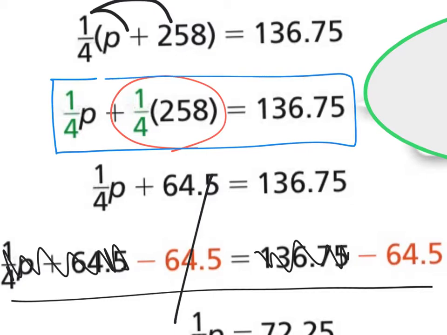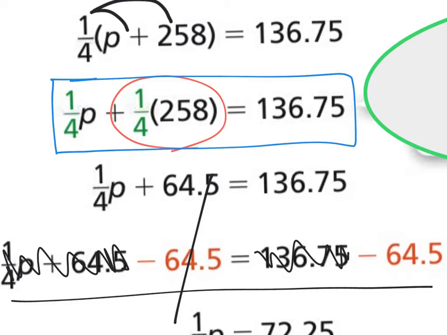We could have said 1/4 of the pom-pom sales, so 1/4 times P, plus 1/4 of the foam finger sales, so 1/4 times 258, equals 136.75. Some of these problems show us an equation where we've got to distribute, but sometimes you can set it up differently so you don't even need to distribute.